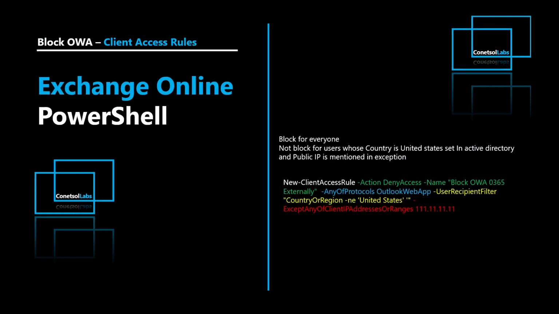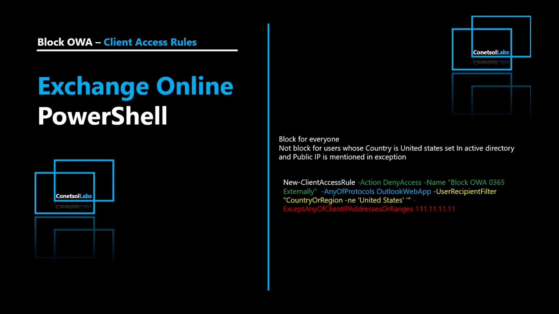These commands will block the access to Outlook Web Access for all users, but allow it only for the specific IPs included in the except any of client IP addresses or ranges parameter, and its value is our IP address.